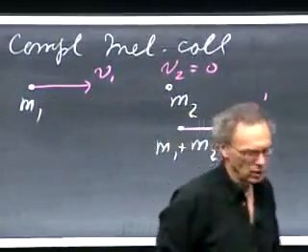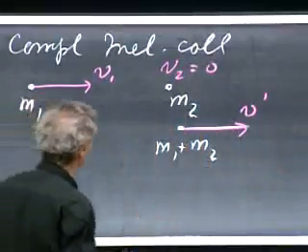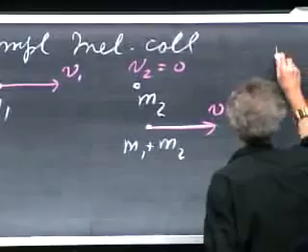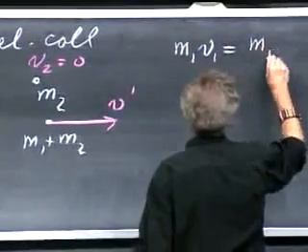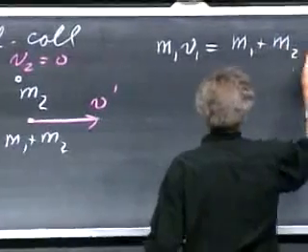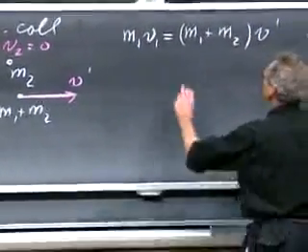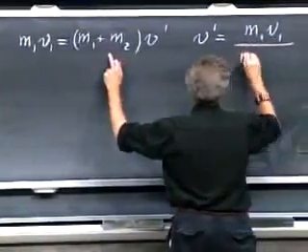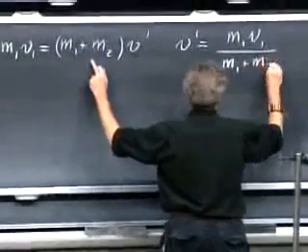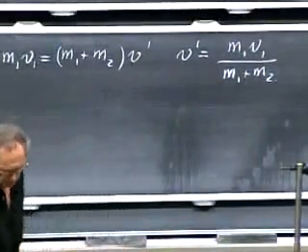That's after the collision. Momentum is conserved if there is no net external force on the system, and so I can write down that M1 V1 must be M1 plus M2 times V prime, and so V prime equals M1 V1 divided by M1 plus M2. That's a very simple calculation.